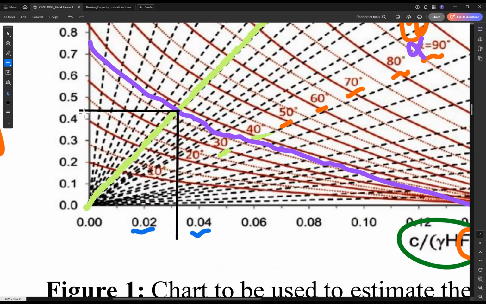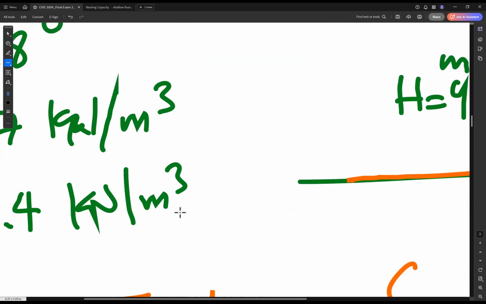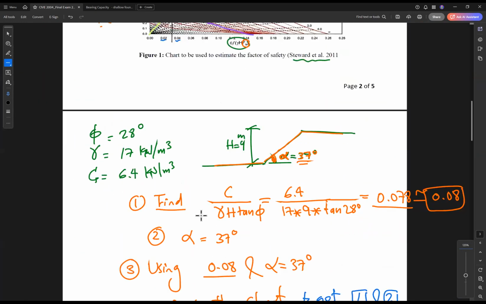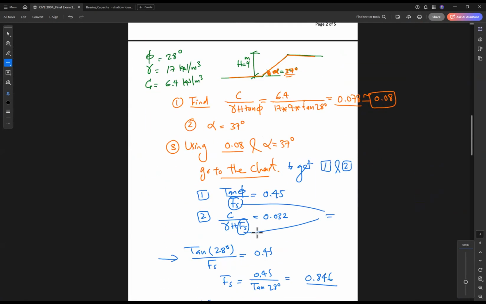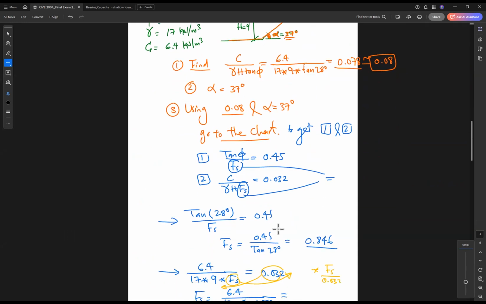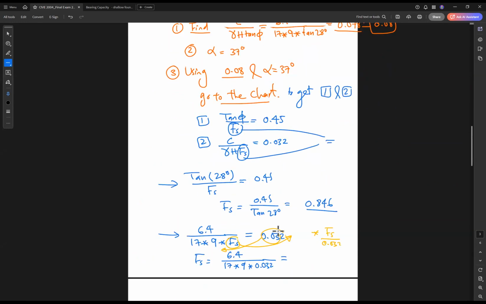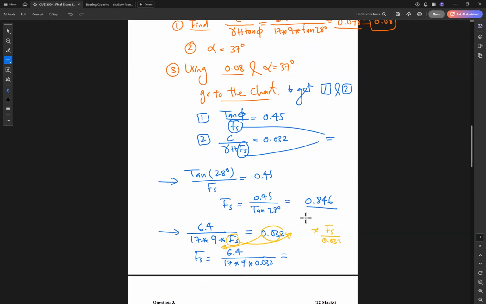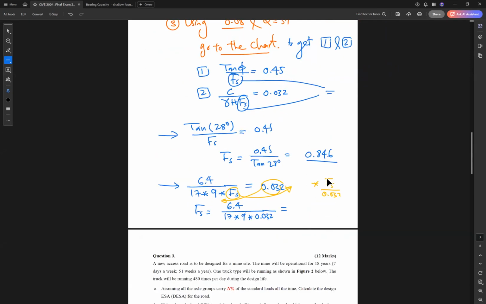So let's assume this is 0.43 and this point 0.31 or something. The main thing is the procedure. Do you understand the procedure? If you want accurate results, you need to get the correct measurements.